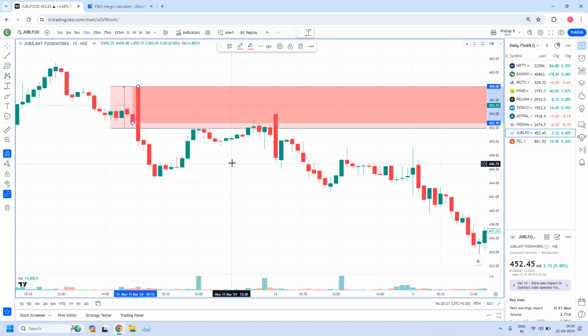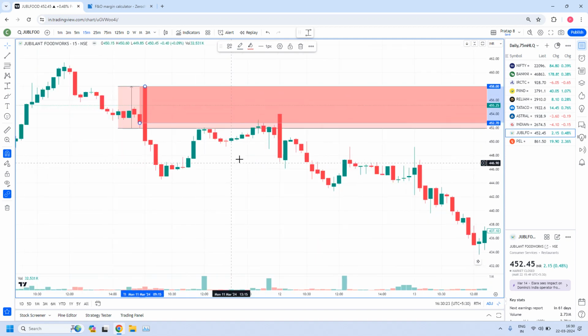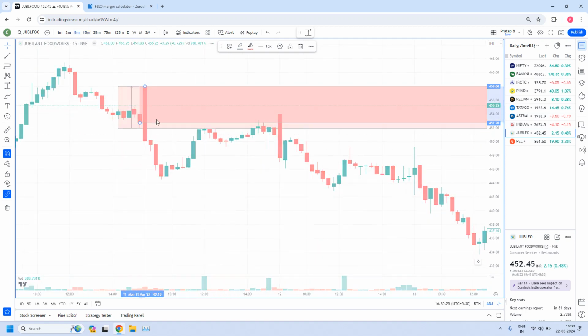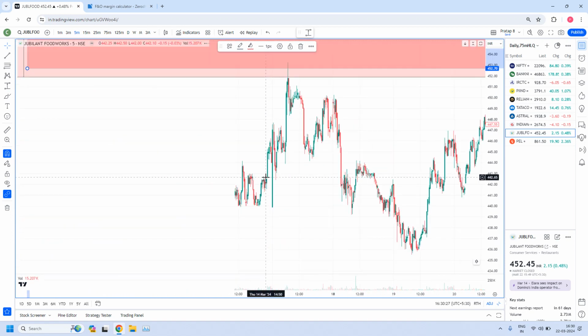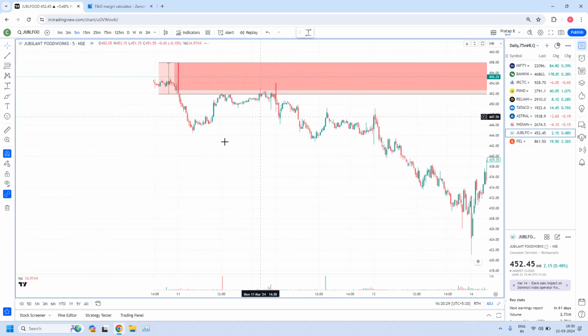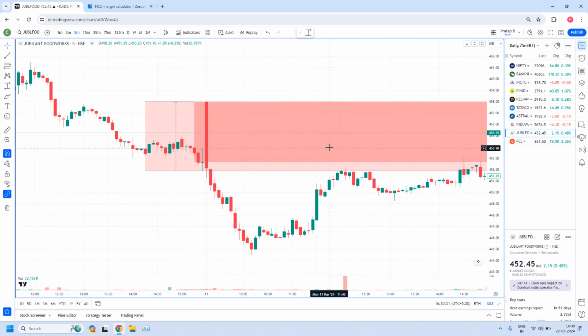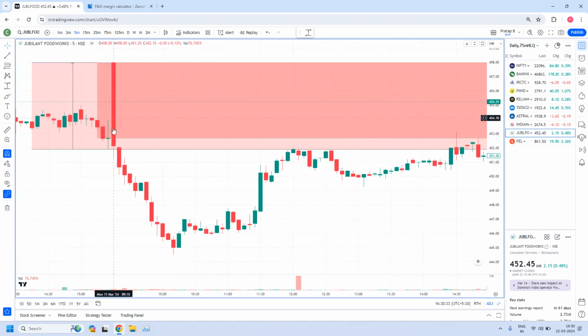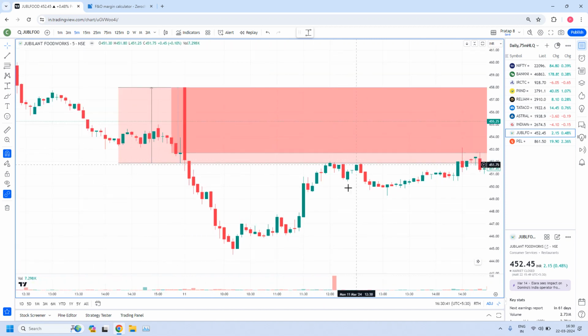The 15-minute zone. And further, if you want to fine tune in 5 minutes, the 5 minutes risk is almost the same as 15 minutes. That's why we don't feel like taking a trade.